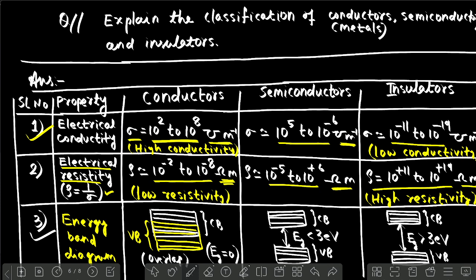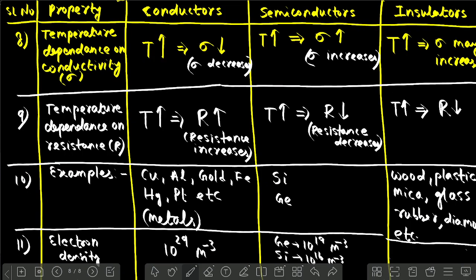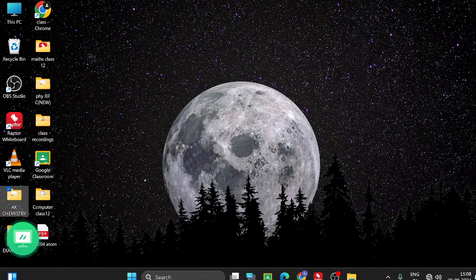If they ask to explain the classification of conductor, semiconductor, insulator, all points 1 to 11 you can remember. This is the first page, the second page, the third one. I hope you understood the classification. Short questions of 1 mark and 2 marks can come from all this data. So carefully read please. Thank you all of you.